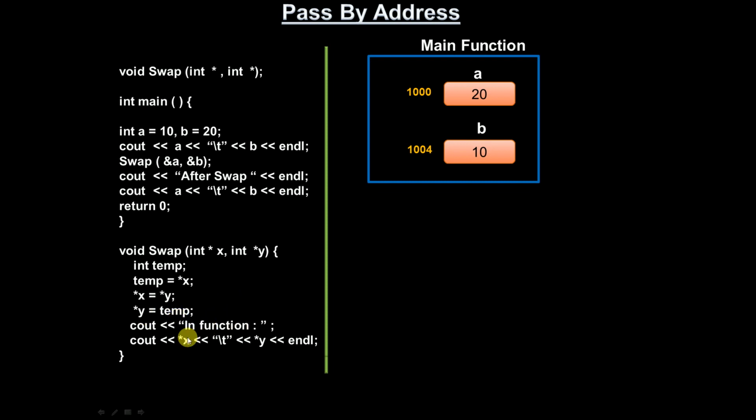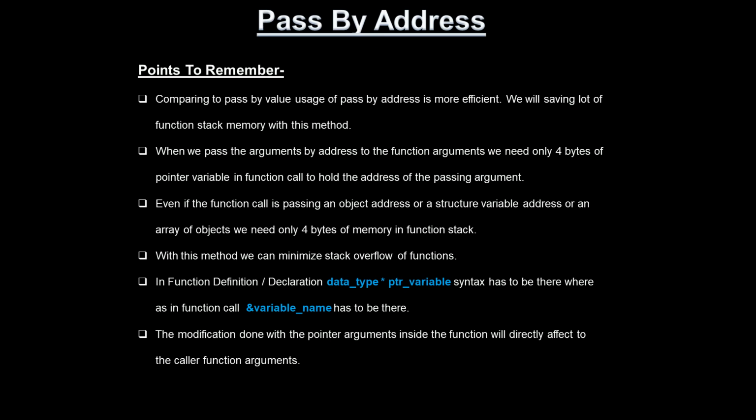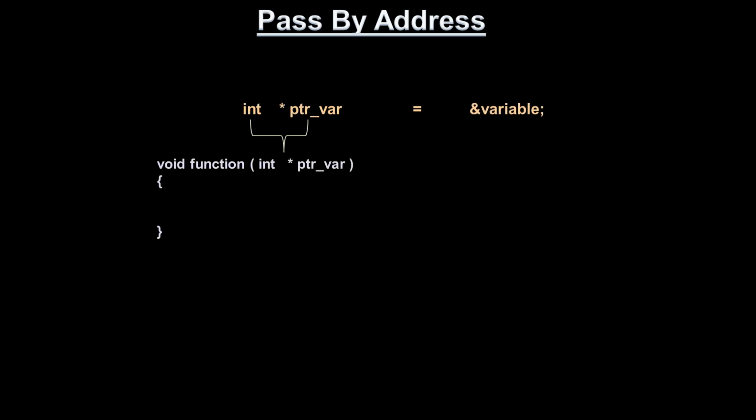Sometimes we get confused about where to use star x or star y, and sometimes we forget to use dereferencing. To overcome this, we have another method called call by reference. That particular topic we are going to discuss in the upcoming session.